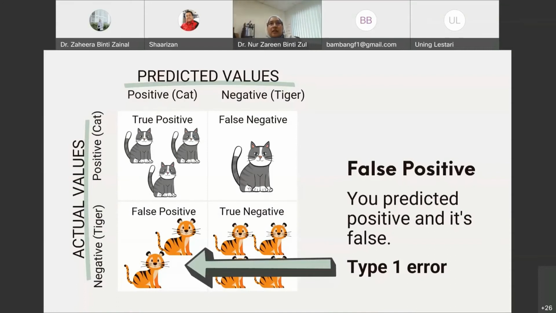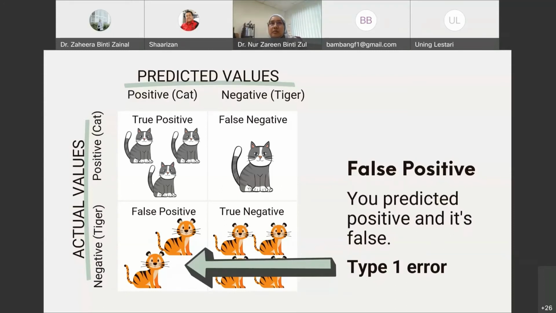Let's take an example. When I talk about false positive and false negative, the best example would be in the medical line because you see the impact even more there.